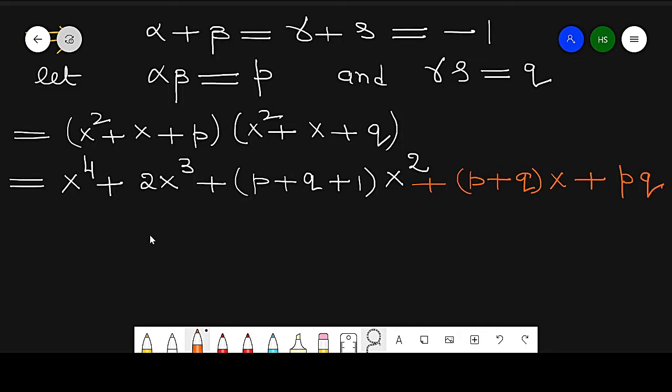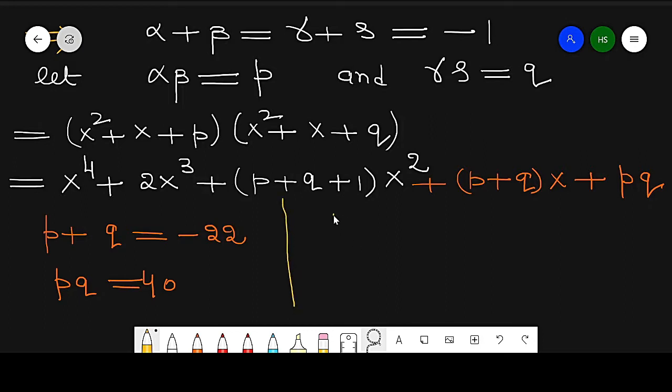Now comparing this equation with equation number 1, we get p plus q is equal to minus 22 and pq is equal to 40. Now find the equation whose roots are p and q.